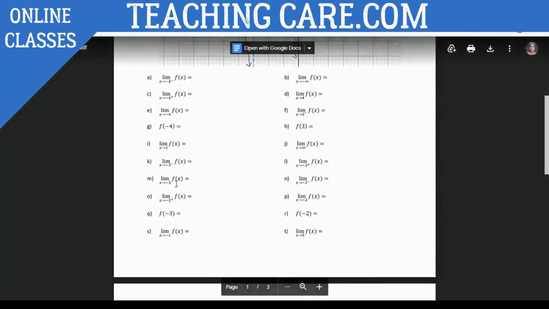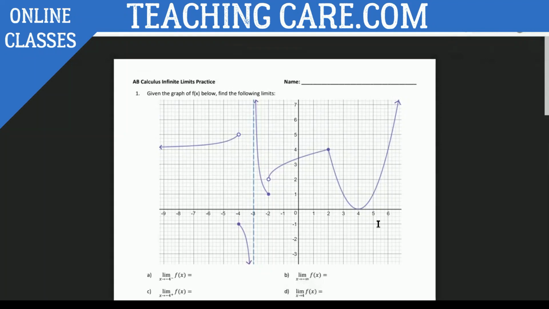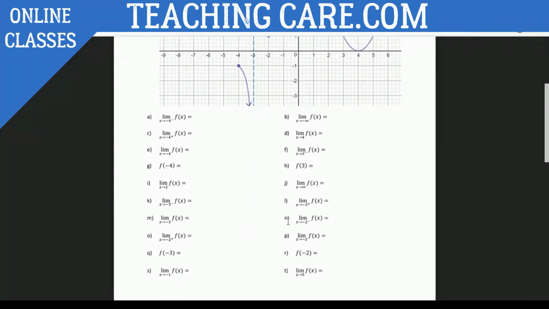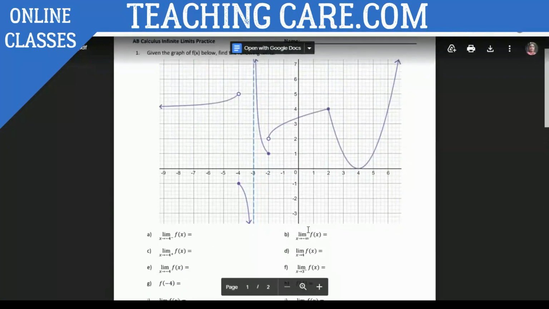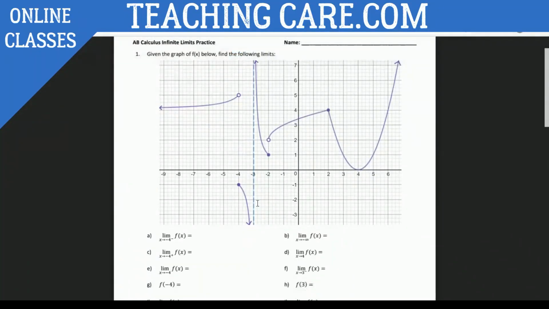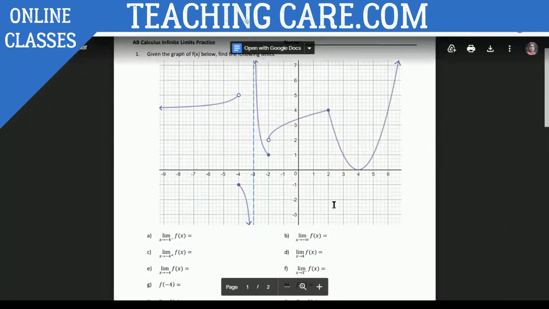Limit x approaches 3 f of x. It's going to be 1. Yes. Okay. Next one. F of negative 3. It does not exist. Yes. F of negative 2.